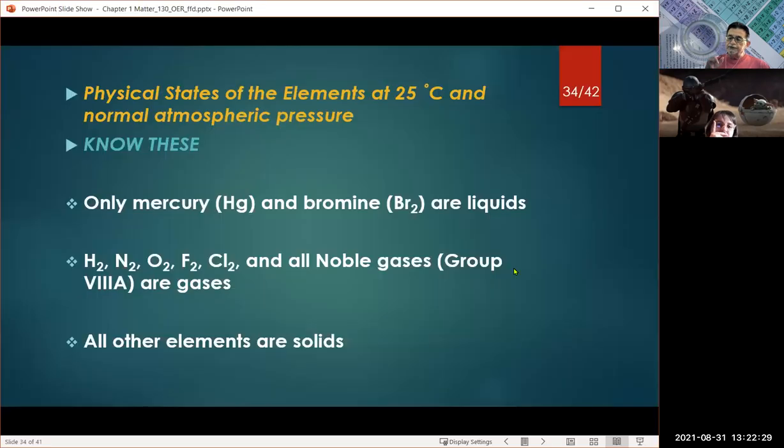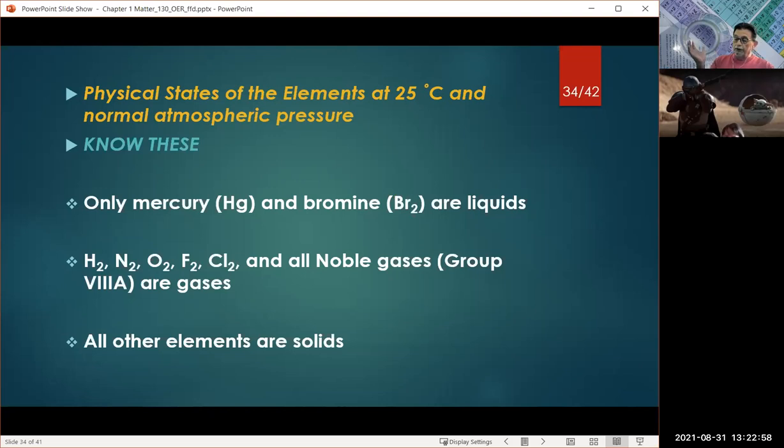All right, the physical states of these elements, of the 118 elements, okay? Now, this is at 25 degrees, because obviously if we were on the surface of the sun, everybody's a gas, okay? Everybody's an ion, actually. But when we talk about physical properties, we are talking about 25 degrees Celsius, which is approximately room temperature, and at what we call 1 atmosphere of pressure.